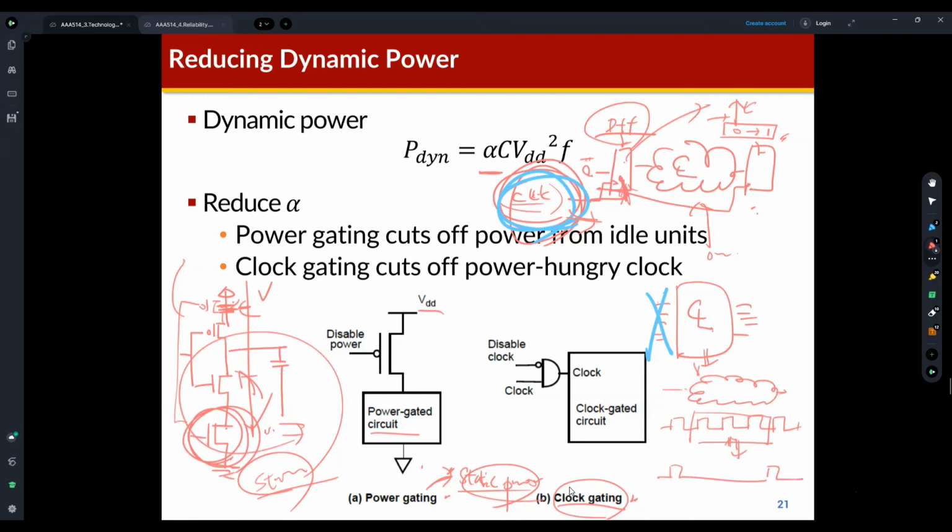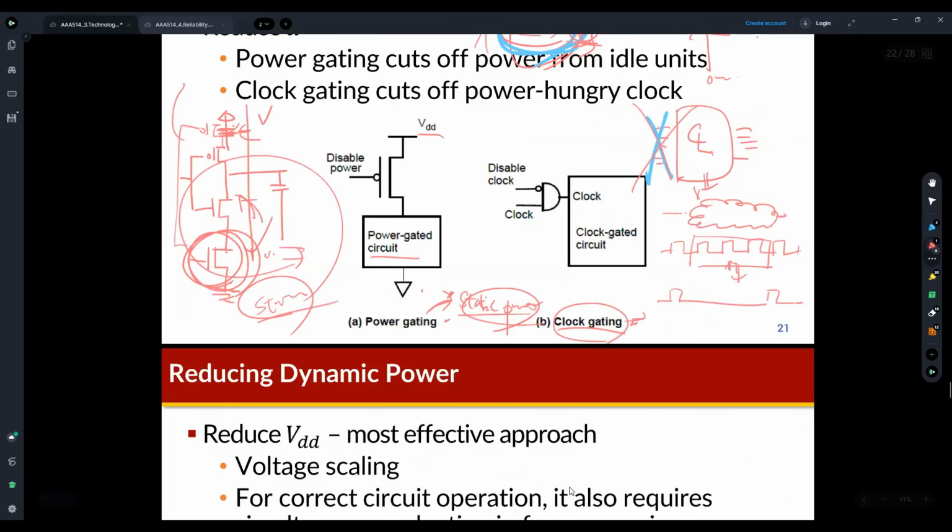This is the main idea of clock gating: if the clock signal is not required, we just remove the changes in the clock signal. With this clock gating, we can reduce the activity factor alpha, because we cannot change this part, but we can change this clock signal. So with clock gating, we can reduce the dynamic power.